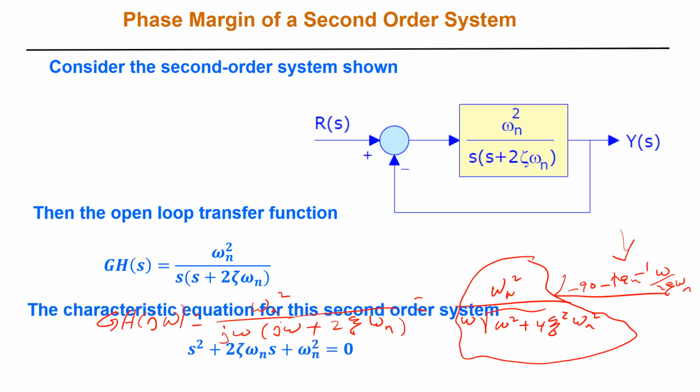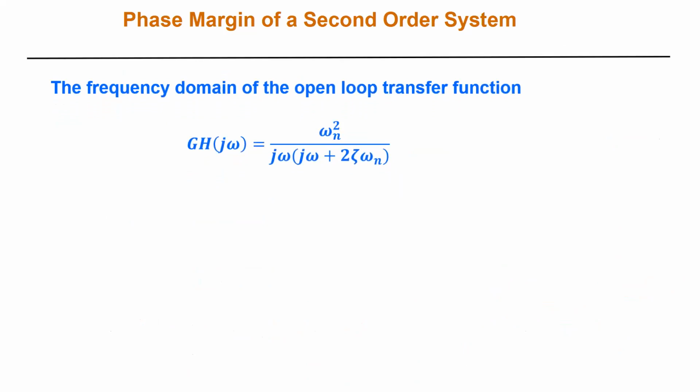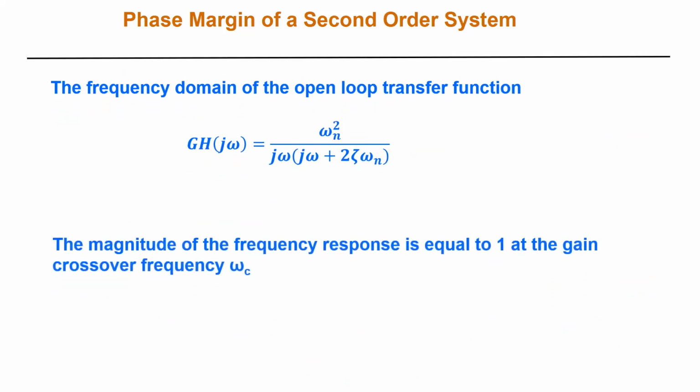Okay. So basically, this is what we have, and this is the gain. You set the gain equal to 1. And now we will solve for omega, which will satisfy this equation. This equation is nothing more than equating the magnitude to 1.